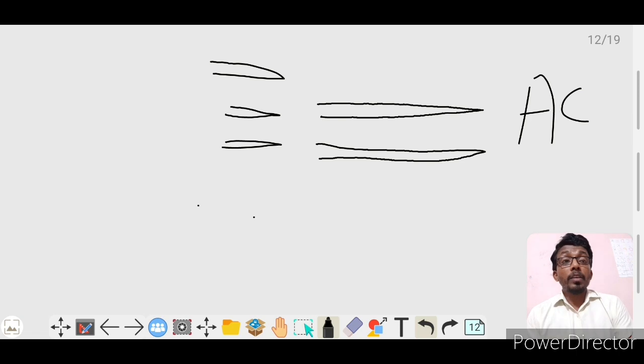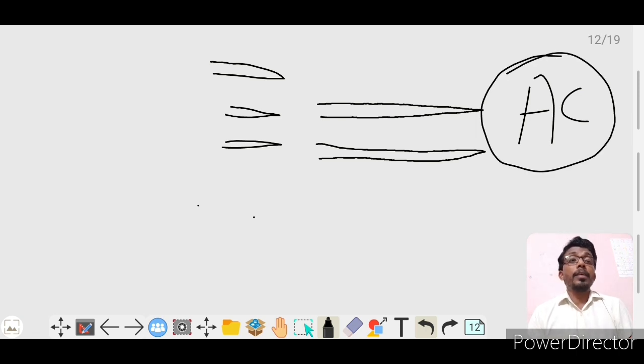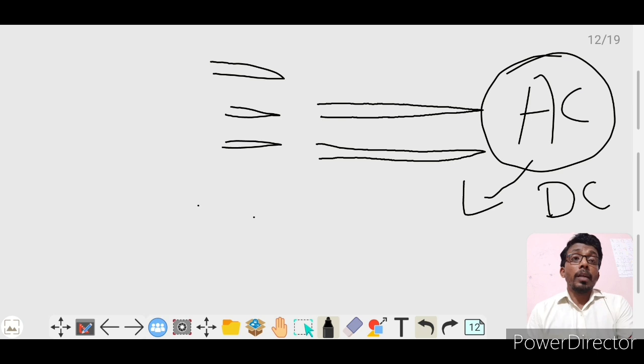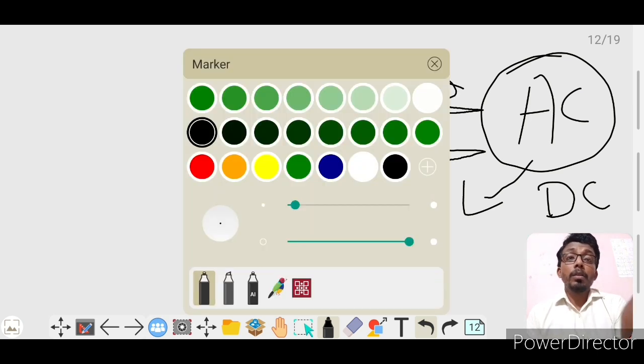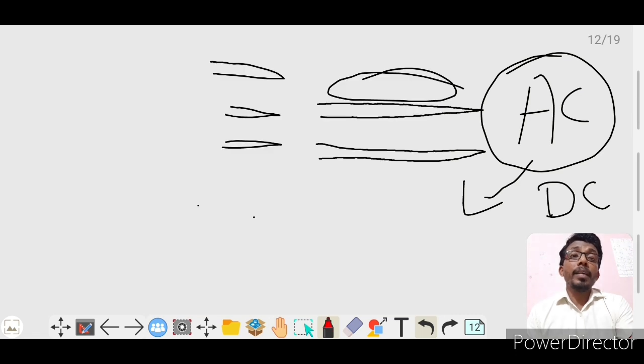Now what is happening when this AC is converted to DC using a half wave rectifier? That means my negative cycle will not work. I will change the color of the pen. So my negative cycle will not work using a half wave rectifier.